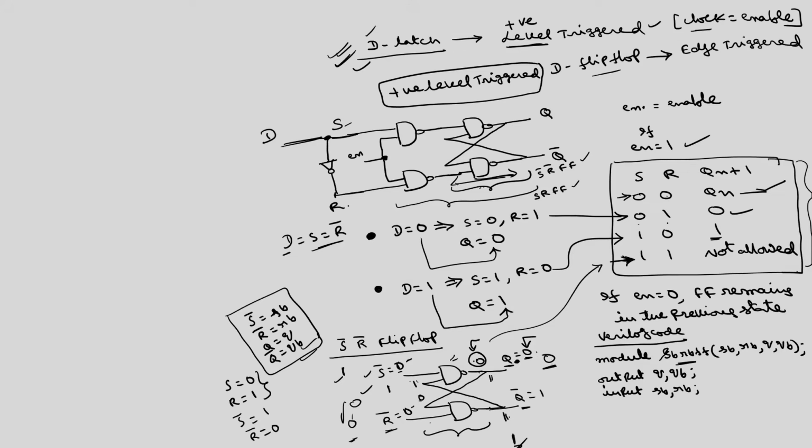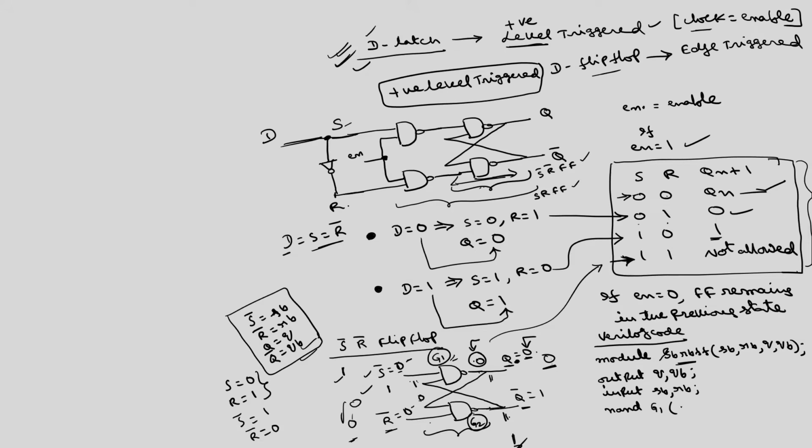Then NAND: if I call this NAND gate G1 and this one G2, NAND is the primitive used for this NAND gate, and the name G1 is optional. What are the outputs and inputs of this G1 gate? I will give the inputs first and then the output.